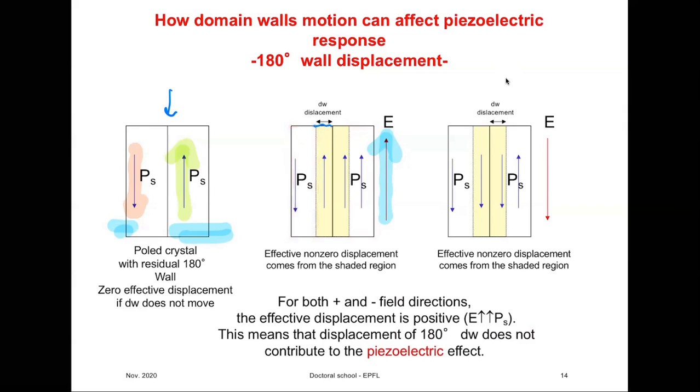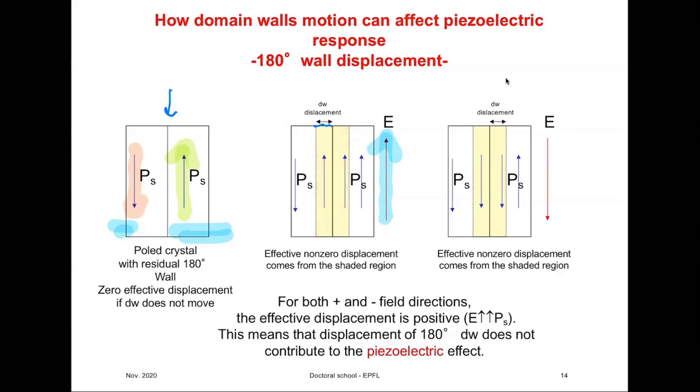So now the positive domain is this, and the negative domain is this. Now let's see what's the difference between these two states. Well, the difference is this yellow part. These two give you in total zero polarization, but what you have gained is this new volume here, and the effective polarization is positive.